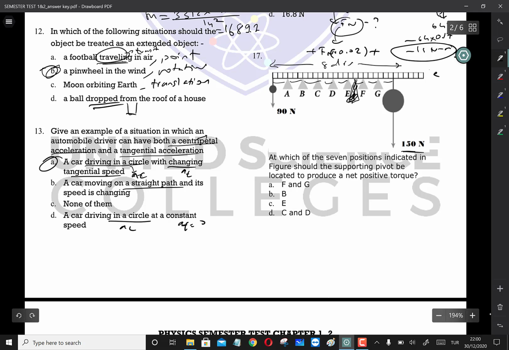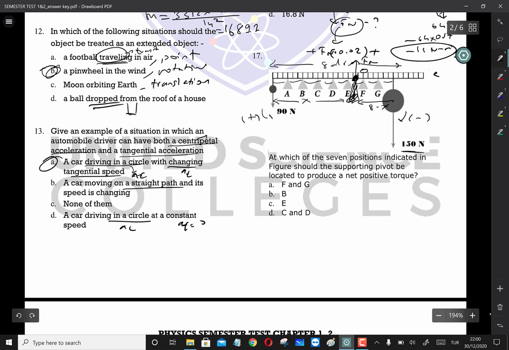So we are going to say that one side is x, the other side will be 8 minus x, and from this point we are going to apply Fn. This point is going to be the location of the unknown force, which is the axis of rotation. 90 Newton produces a counterclockwise torque. 150 produces a clockwise torque.